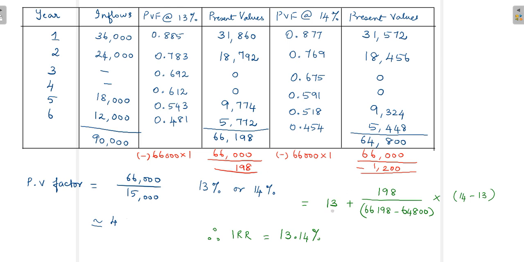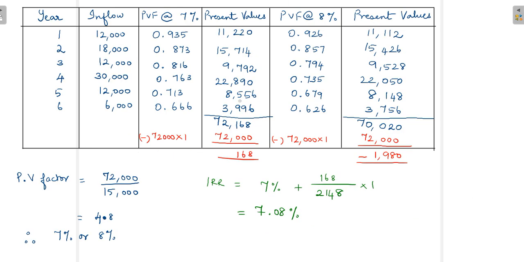So we substitute it in the formula. 13 is the lower rate plus the positive net present value, that is 198, divided by the difference in the calculated present values. Here in this case it is 66,198 minus 64,800. So the IRR for machine B is 13.14%.